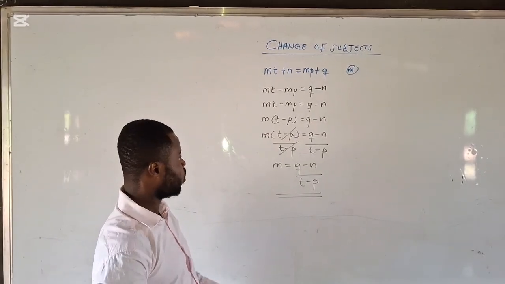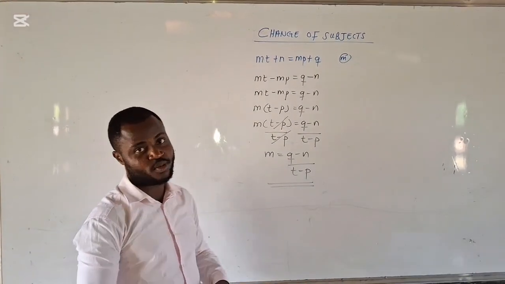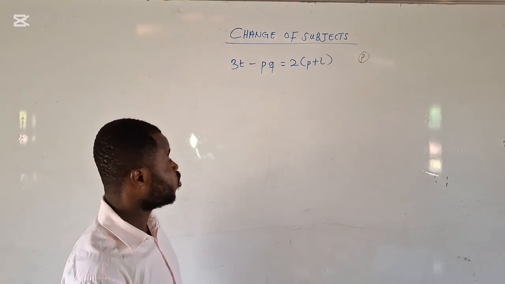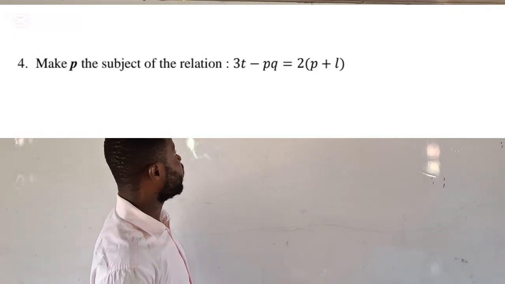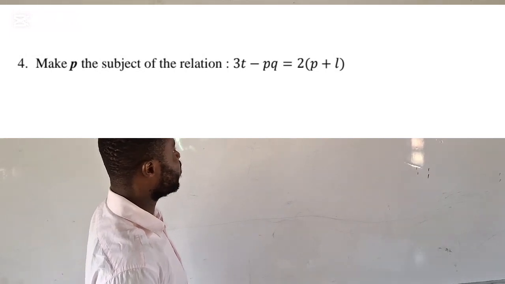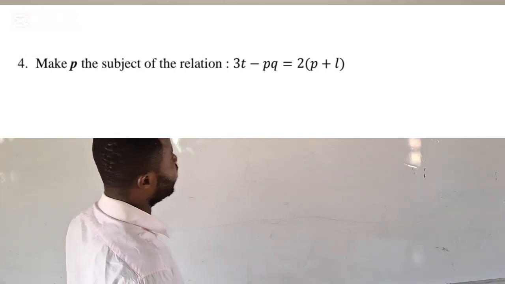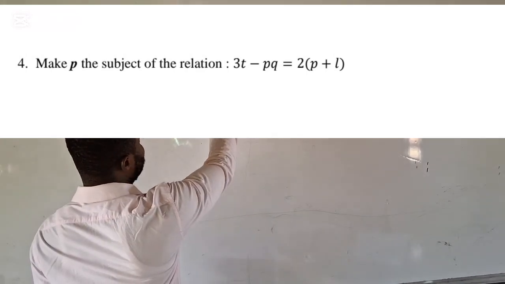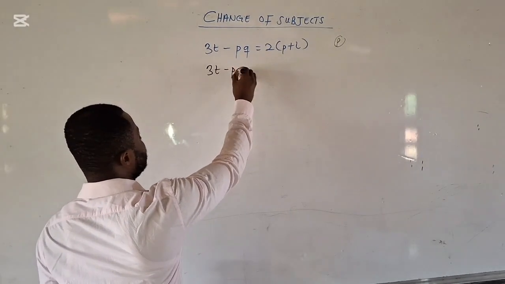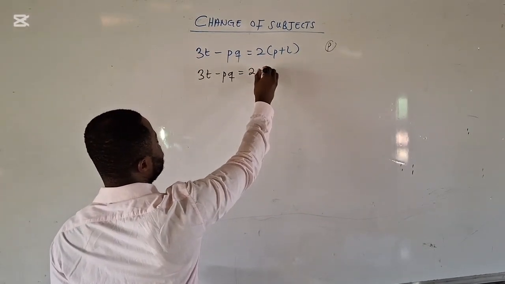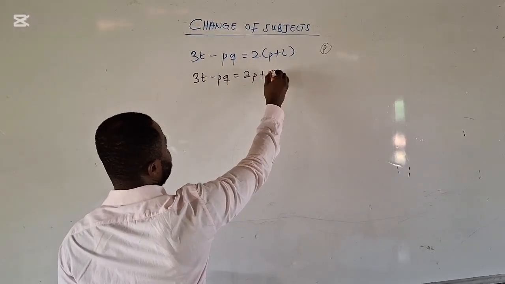So let's take the last question under this section. In this question, we have 3t minus pq is equal to 2p plus L. We have to make p the subject in this equation. So we have 3t minus pq is equal to, you have to open this bracket, 2 times p will give you 2p, plus 2 times L will give you 2L.